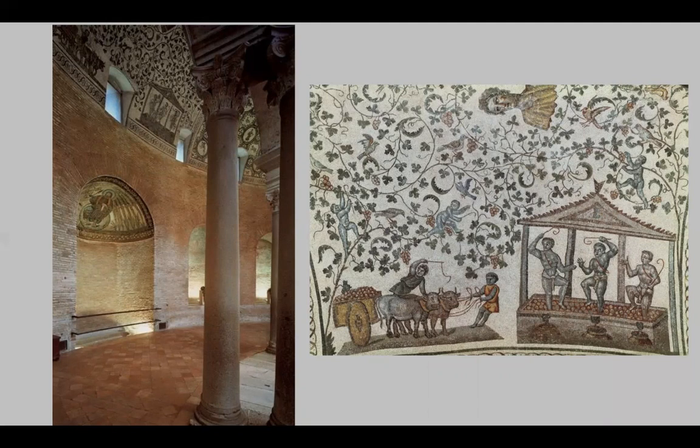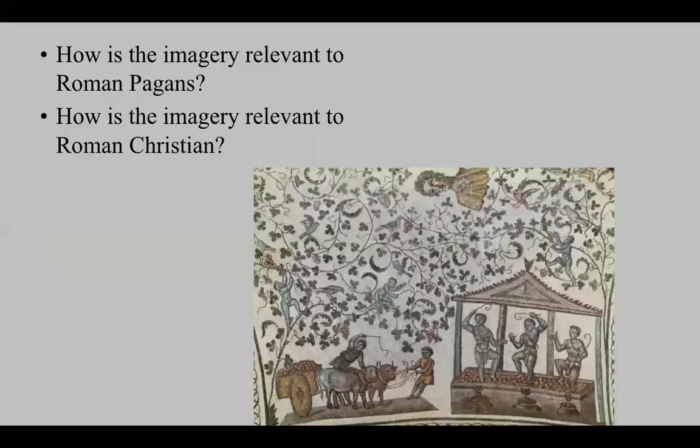And her as a Christian would see imagery like this, and it would remind her of the Eucharist, the idea of the wine representing the blood of Christ, right? So it's symbolic of that. But her husband, who remained a pagan, might look at it and see Bacchus, right? The god of celebration and wine. And so once again, a lot of these images have dual meaning to them.